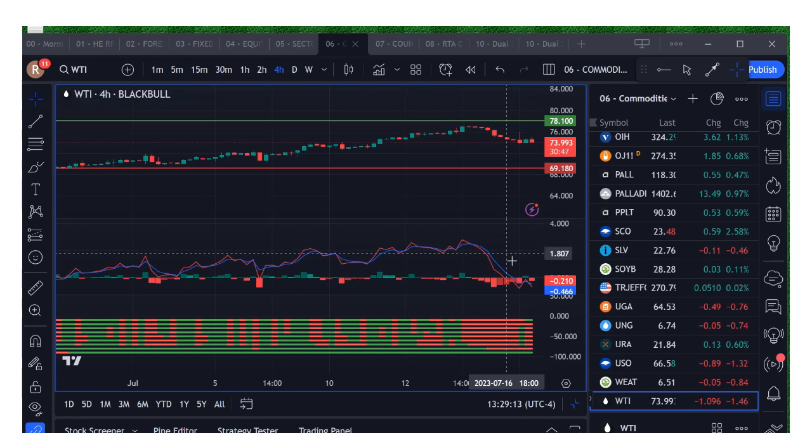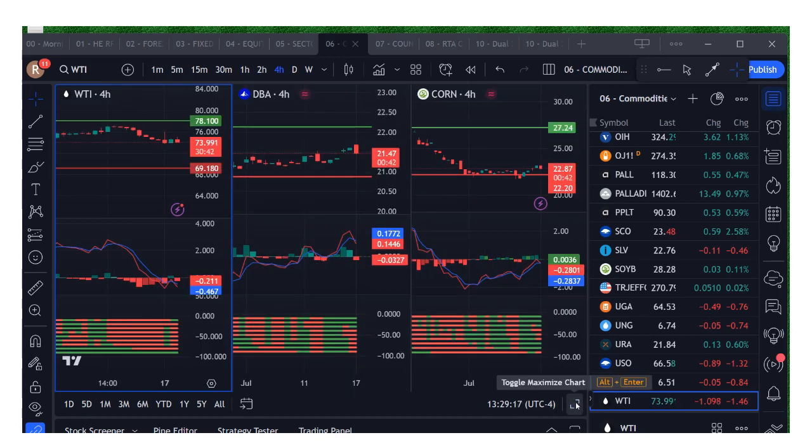Now, as we did with the currencies, let's pop up a multi-panel view where we still have WTI on the left, but I brought up agriculture and corn in particular into adjacent panels. And as you might expect, when oil goes up, farmers hurt.